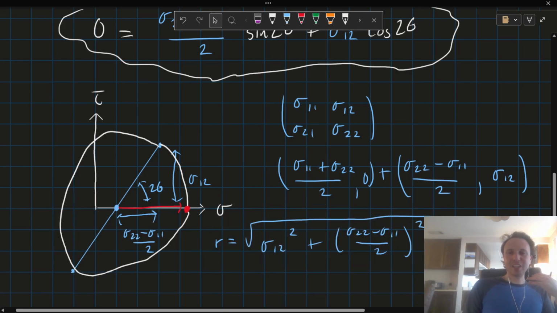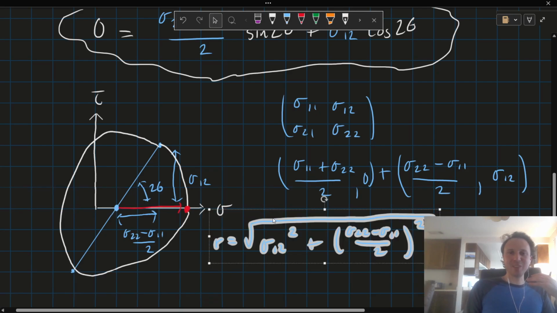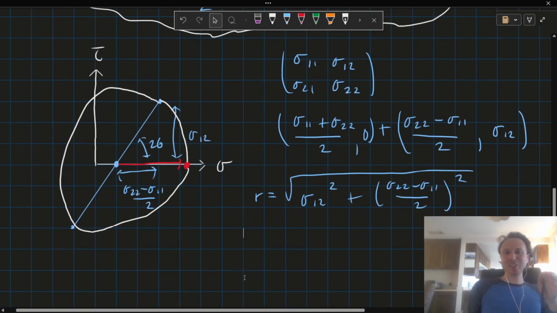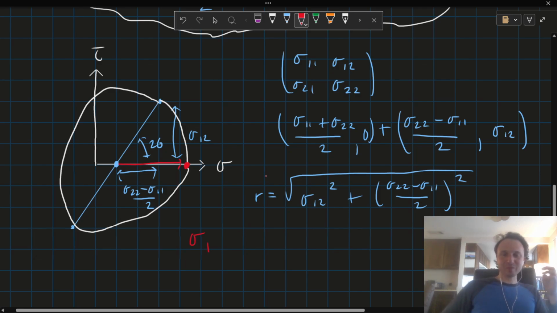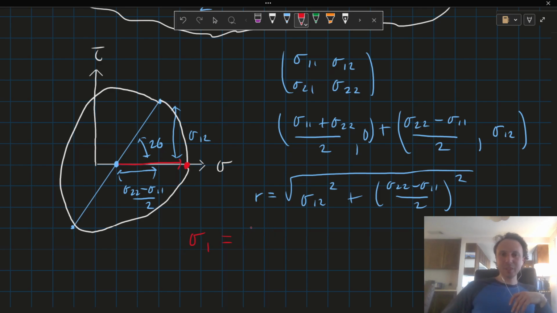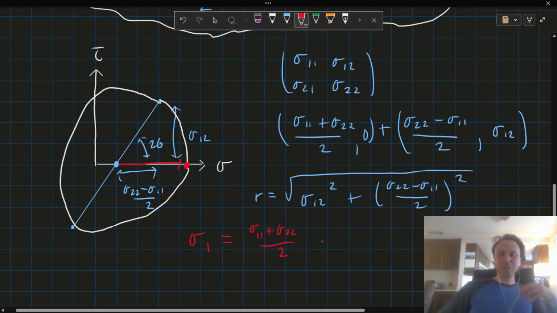And so at the end, after all this, we got the same thing you could have gotten by hitting the eigenvalues button on your calculator, which is that sigma 1 is equal to this radius, basically. So this is our first principal stress, our biggest one, is sigma 1 plus sigma 2 divided by 2, so the average of these two, plus the radius, right?